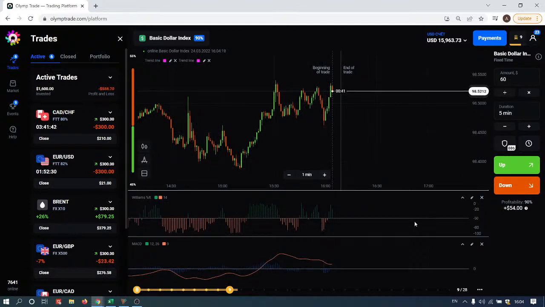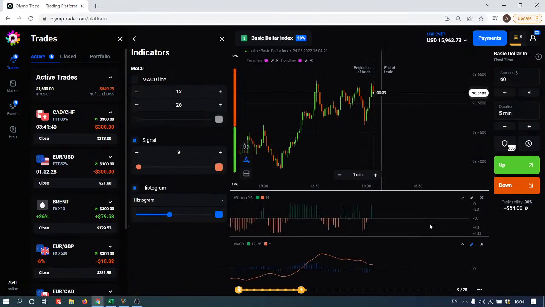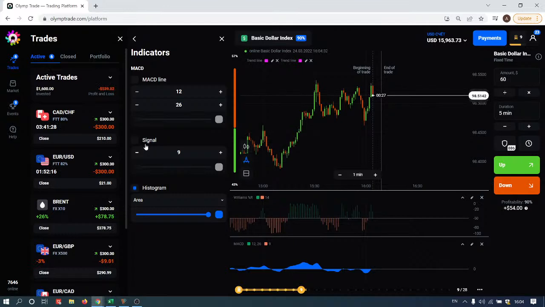So how does this strategy work? First of all, what I like to do is replace this histogram with an area so that it's a little thicker and more visible. We don't really need this signal line in this strategy; you can keep it or skip it, it doesn't matter.